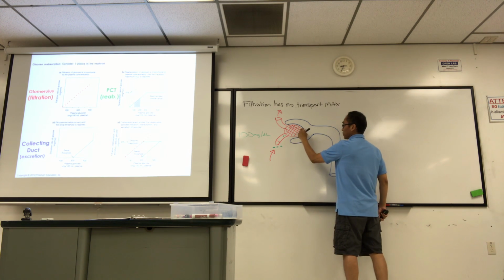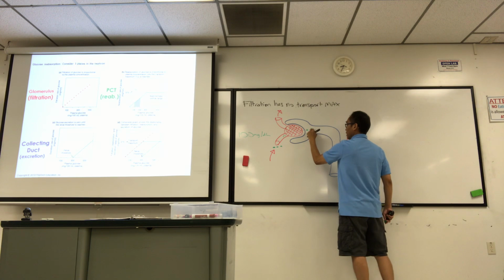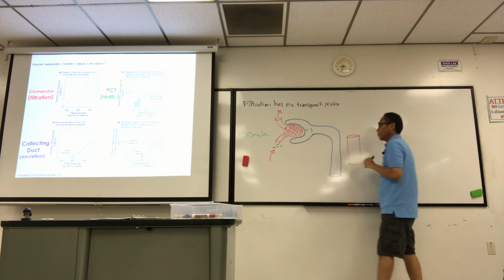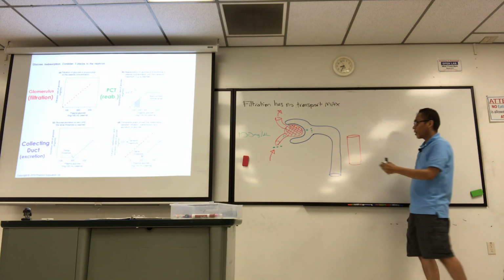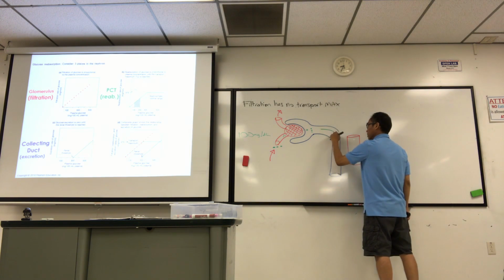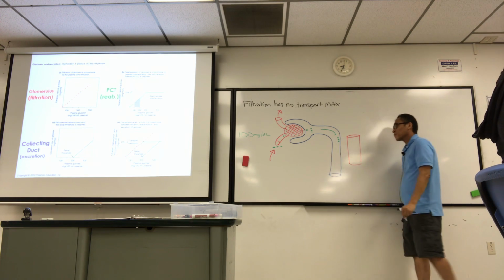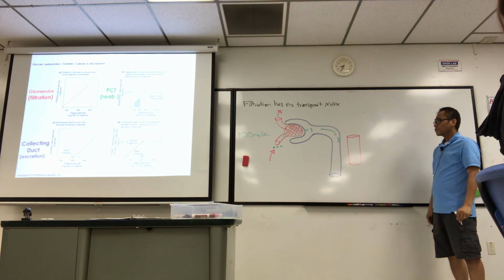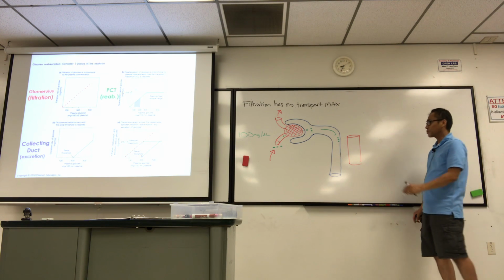They make it through the filter, so they're going to make it into the tubular pole, and they'll all pass by the blood and through the cells. And the transporters for glucose can effectively remove all of the glucose from the filtrate.